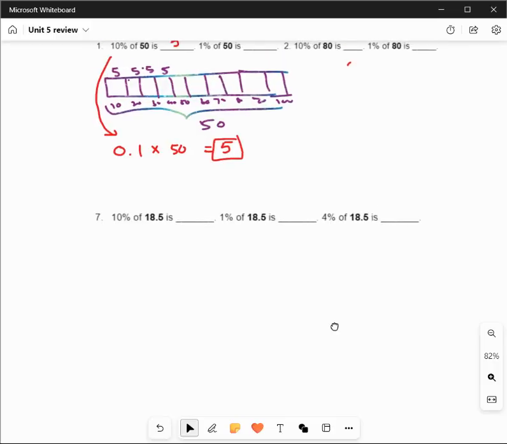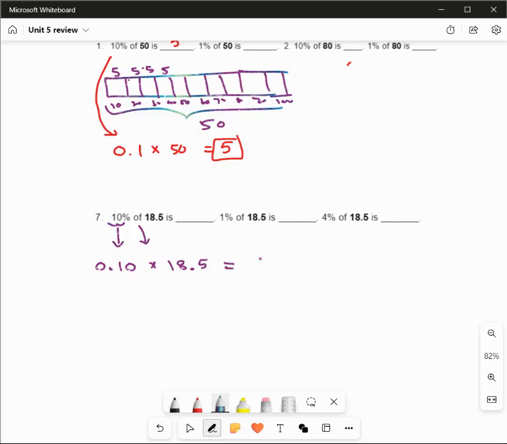Follow the same strategy, whichever way you find easier. 10% means move the decimal places, so that's going to be 0.10. And of means times, and then 18.5. So you multiply 0.1 times 18.5, and that's 1.85.